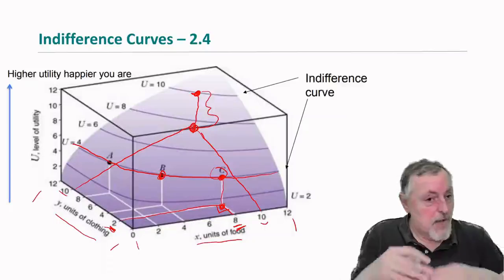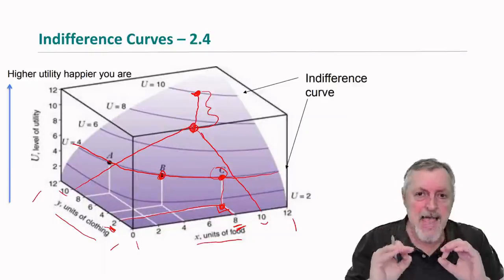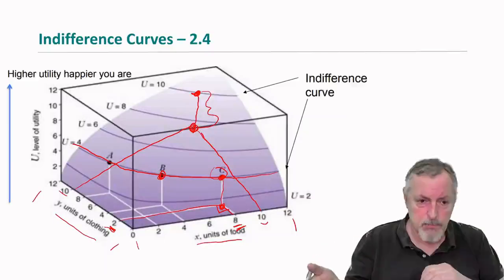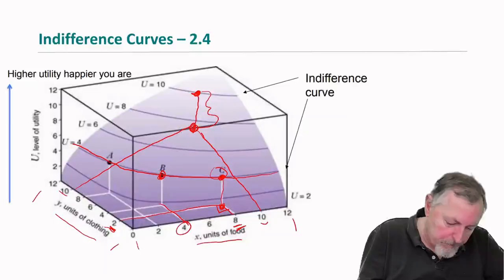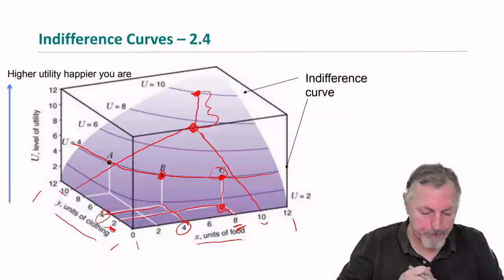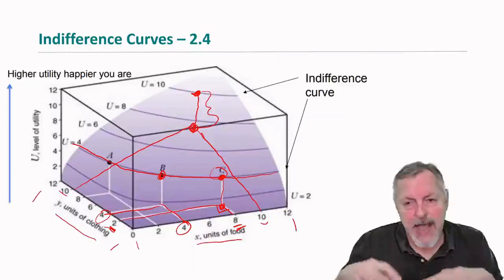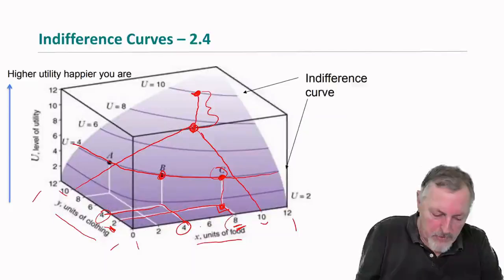So if height represents happiness, you know that point B makes you exactly as happy as point C. So the bundle with 4 units of food and 4 units of clothing makes you exactly as happy as the bundle with 8 and 2.